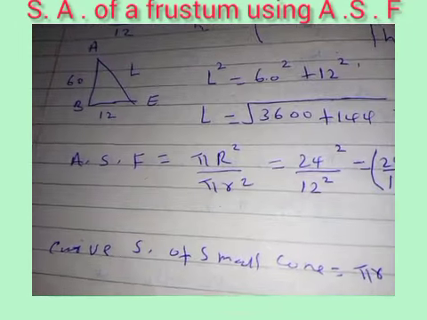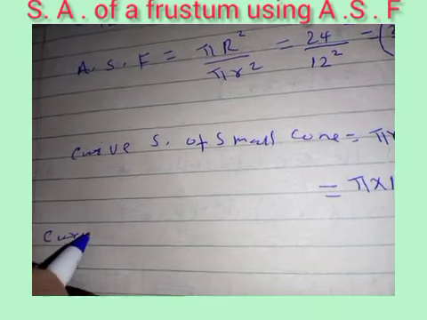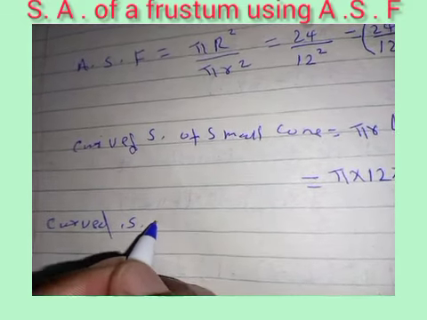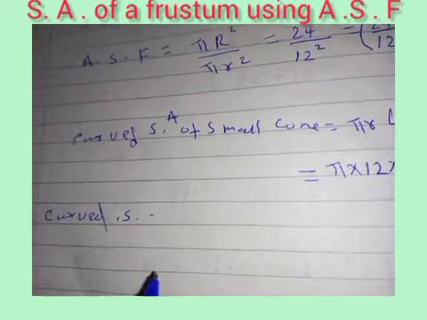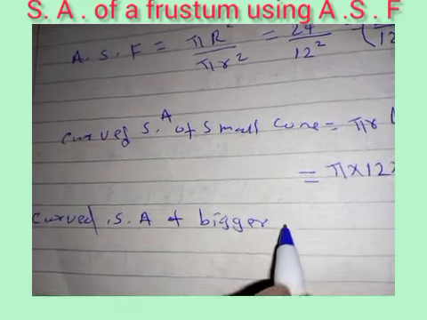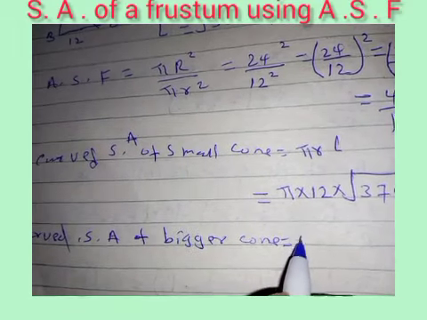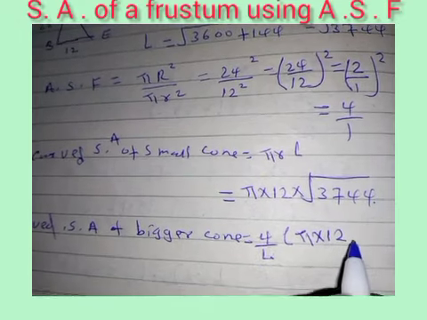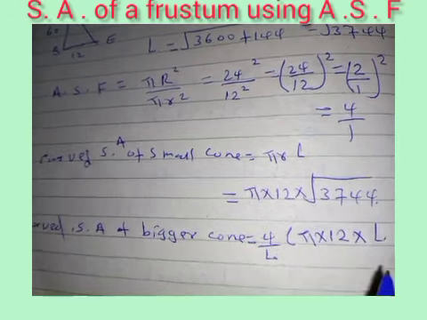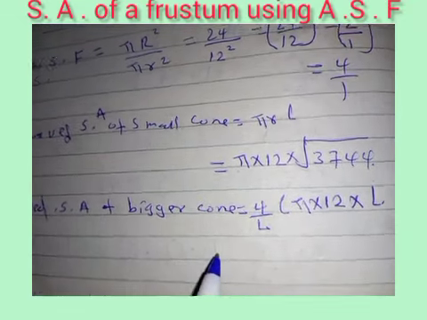So this is curved surface area. Curved surface area of bigger cone is equal to 4 multiplied by the slant height, which is L. Of course, if you want, you can substitute here.